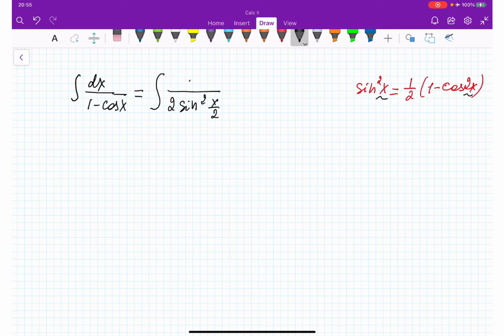Okay, dx. So what I'm going to do now is 1/2 times 1 over sine squared half of x, and dx. I have half of x here, which means under dx I want to have half of x also, so I can take the integral.